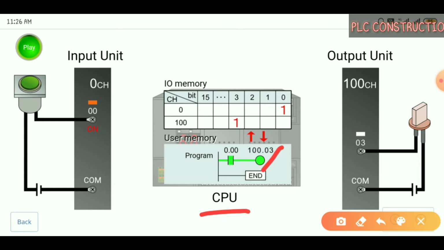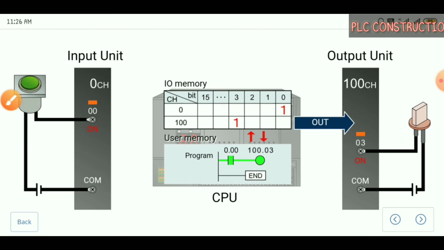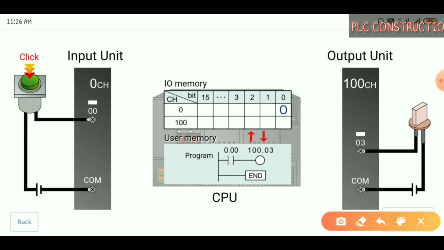According to the input signal, it turns the output coil on as we programmed. After that, it gives the signal to the output device, and the output lamp will glow. So like this it will work.